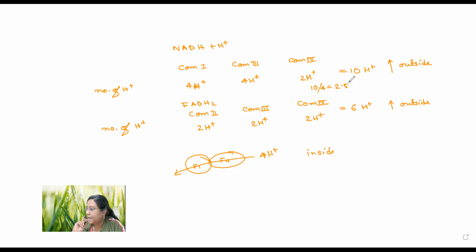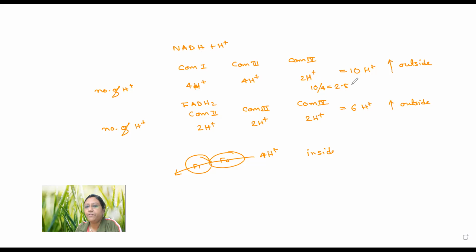Because for movement of 10 proton outside in the perimitochondrial space, 4 protons are coming inside and 4 protons are required to produce 1 molecule of ATP. Understood?